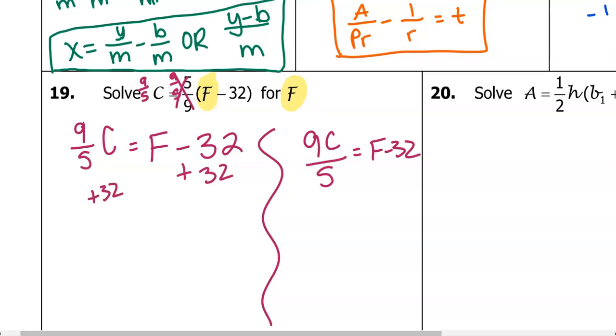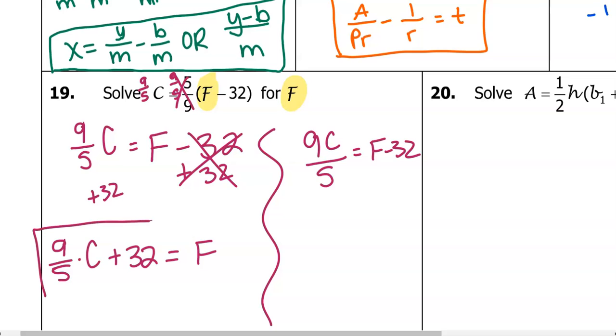So 9/5 C plus 32, again, what's nice to not have numbers is that's just what it is. 9/5 times C plus 32 equals F. The end. So if someone gave you the degrees outside in Celsius, you could use that equation, plug it in, and solve for Fahrenheit.